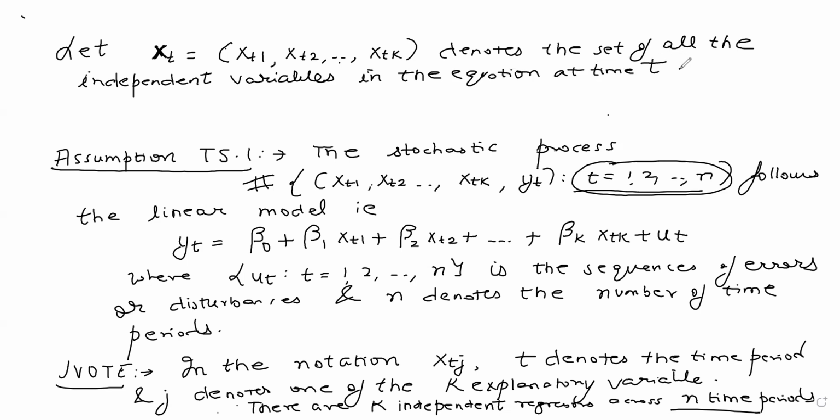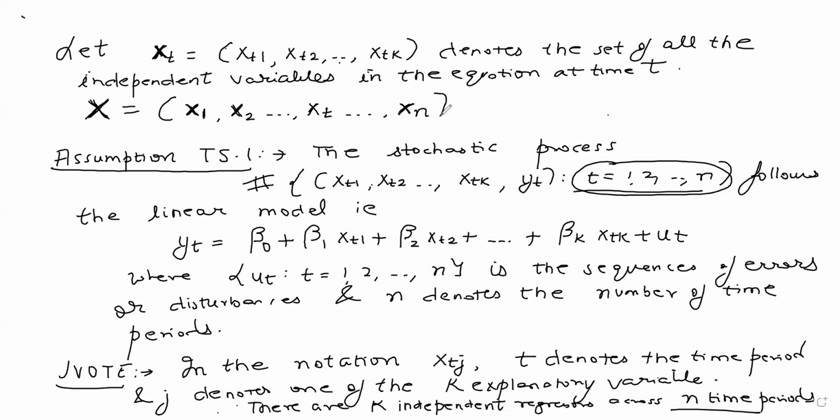Okay, and if I talk about capital X, it is a vector which itself consists of the vector in time period 1, the vector in time period 2, dot dot dot the vector in time period t. Okay, and t goes from 1 to n.